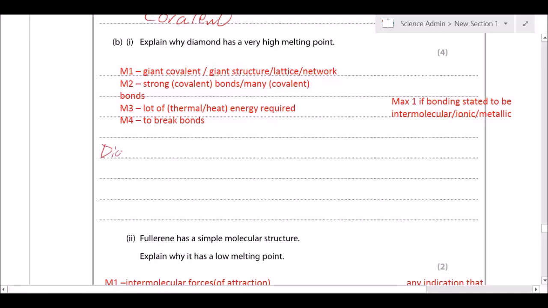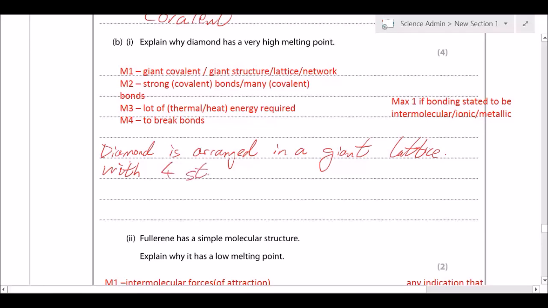is diamond is arranged in a giant lattice with many strong covalent bonds.